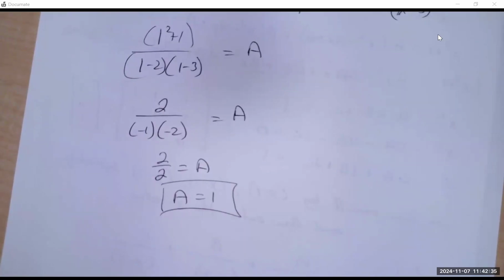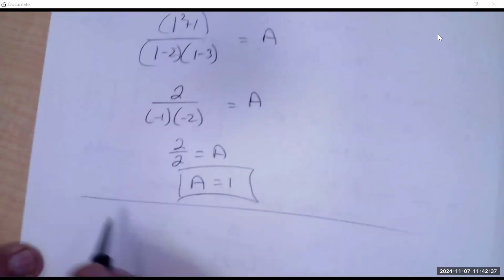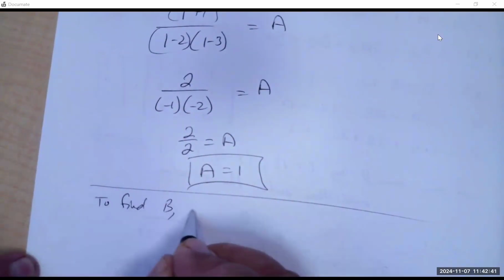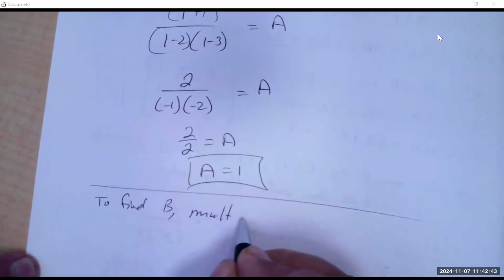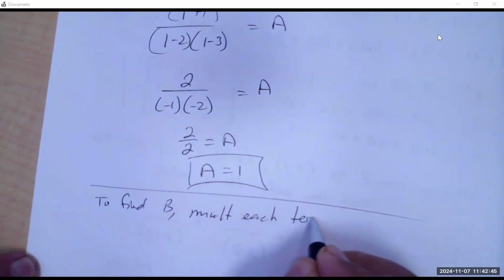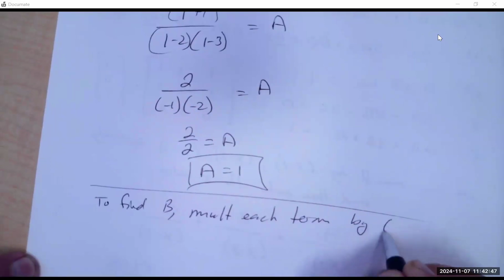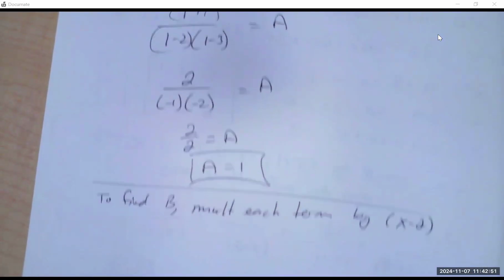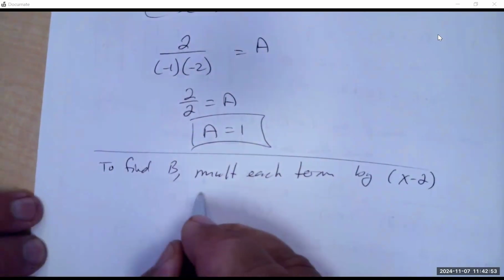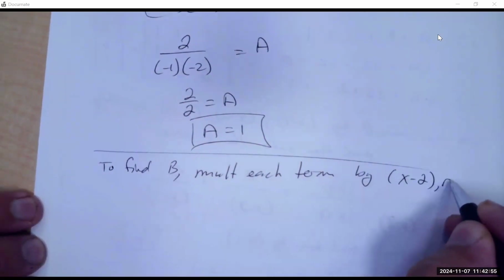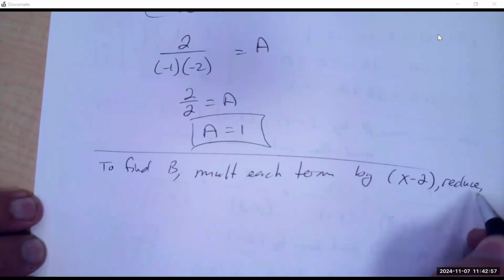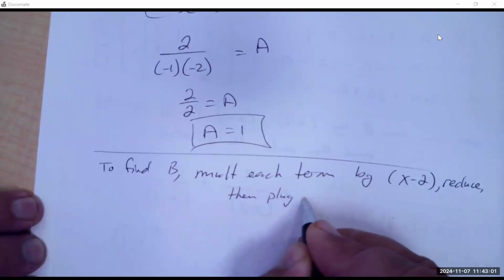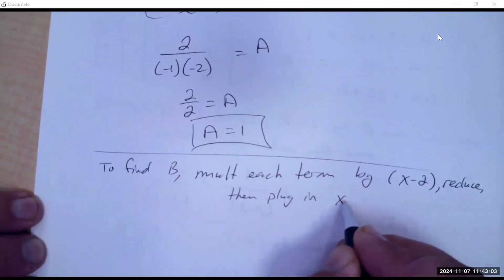Do the same thing with B and C. To find B, multiply each term by x minus 2. Reduce, then plug in x equals 2.